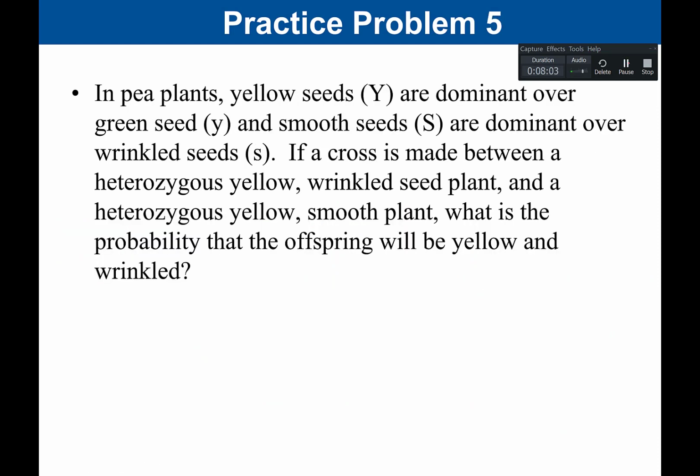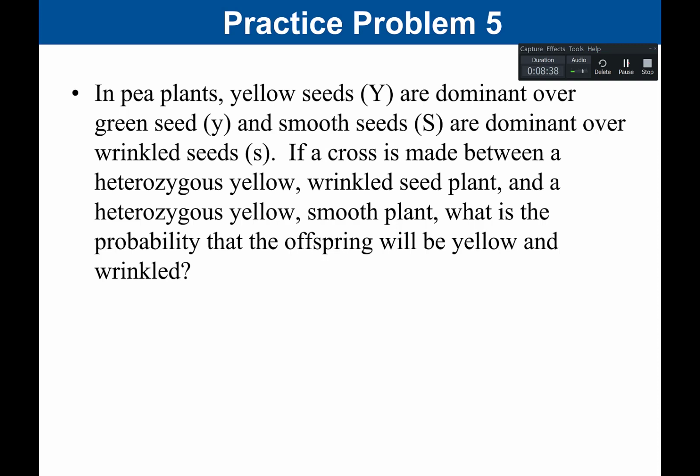So I have a question for you to practice with. Again, this is going to be one that you will post your answer on Canvas. In pea plants, yellow seeds are dominant over green seeds, and smooth seeds are dominant over wrinkled seeds. If a cross is made between a heterozygous yellow, wrinkled seed plant and a heterozygous yellow, smooth plant, what is the probability that the offspring will be yellow and wrinkled?